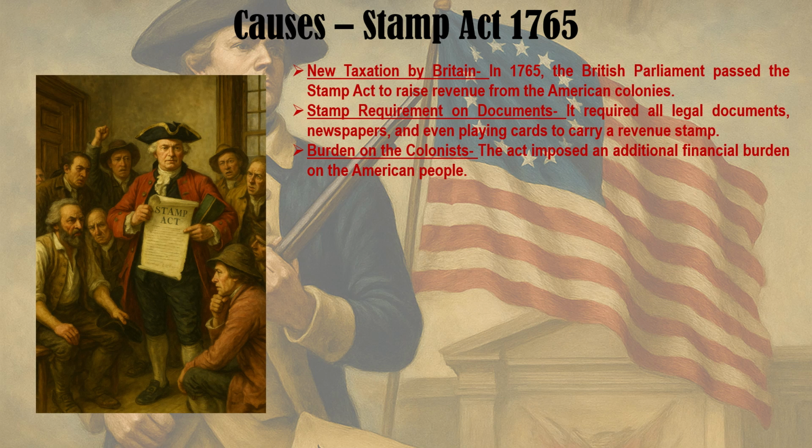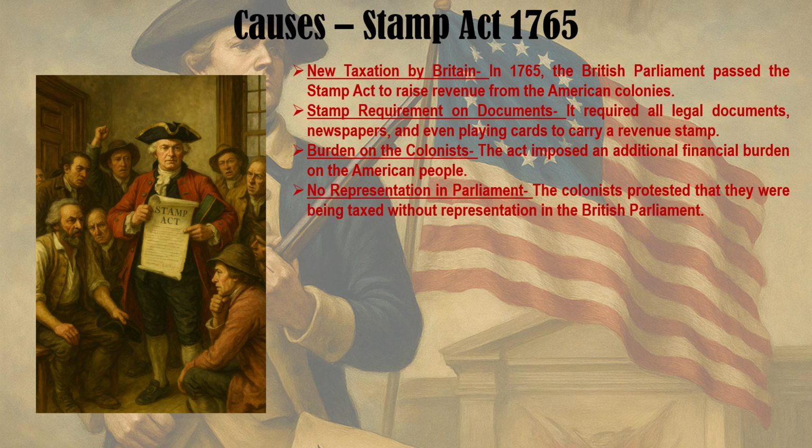So suppose someone in America is sending something to his relative in another part of America. They are sending some letters, and both are living in America, but they will have to pay a tax to Britain for sending something within America itself. This was an absurd rule, and that was the Stamp Act of 1765.